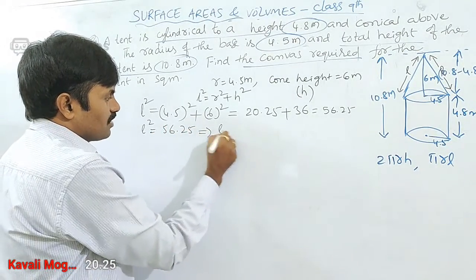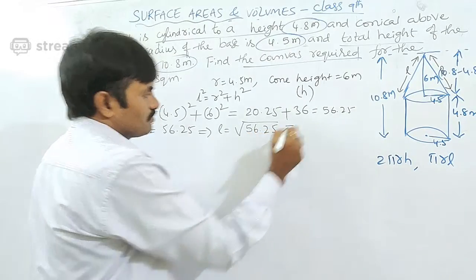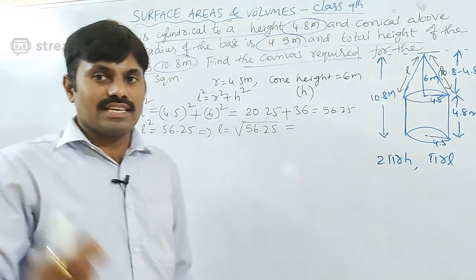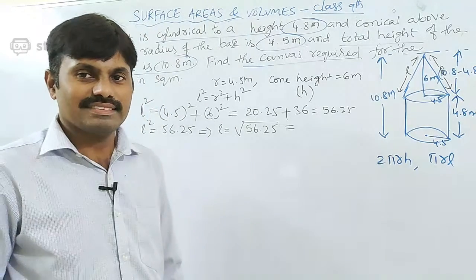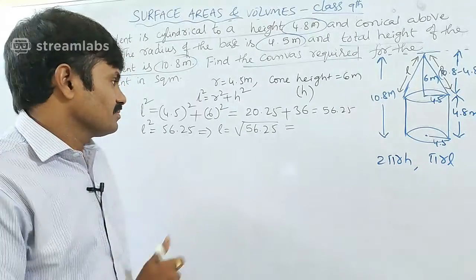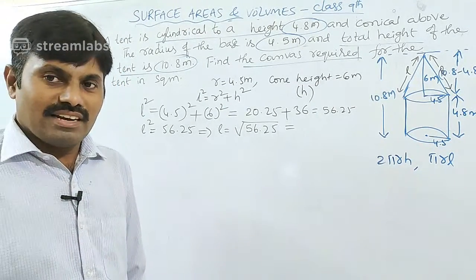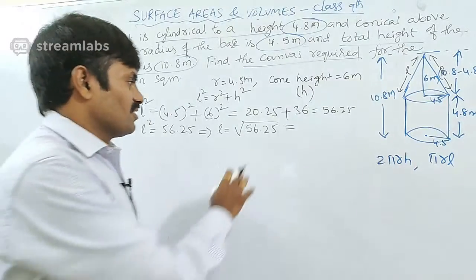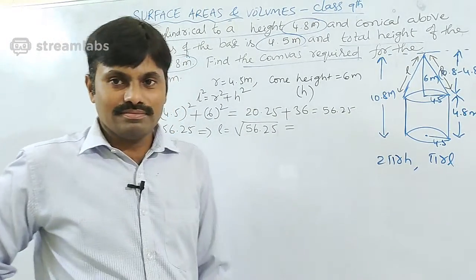Then what about the L value? Square root of 56.25. Within a fraction of seconds, can anybody find the value of the square root of 56.25? The answer is 7.5.